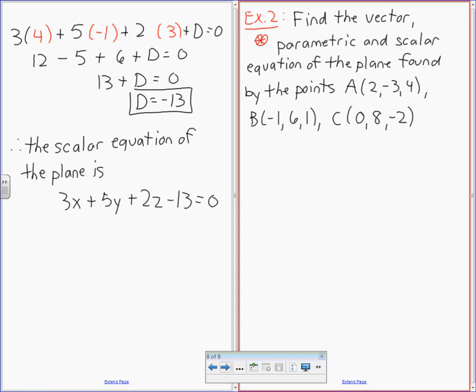So what I want you to do is find the vector equation of the plane, the parametric equation of the plane, and the scalar equation of the plane.